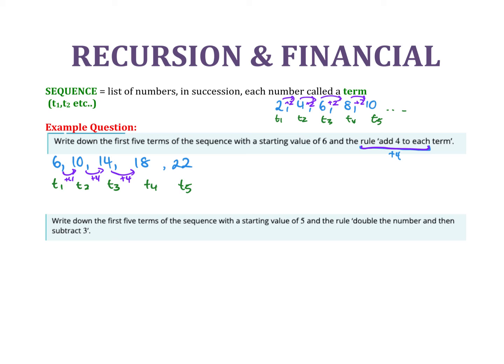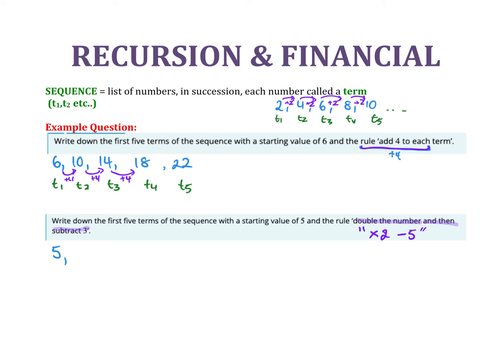So the next example says write down the first 5 terms of a sequence with a starting value of 5, and the rule is we're going to double the number and then subtract 3. If I wrote that out in mathematical terms, what do we do when we double the number? Times it by 2, and then we subtract 3.